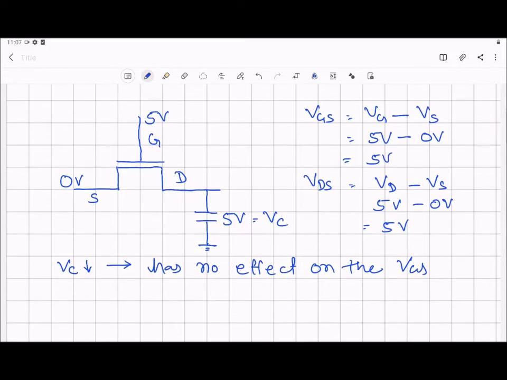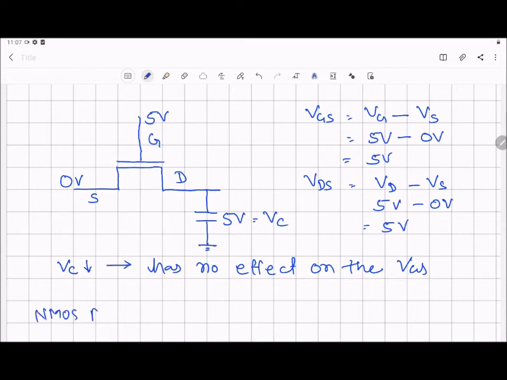So the transistor is always on, and when the capacitor fully discharges, we will get VC equal to 0 volt. So we are giving an input of 0 volt and we are getting an output of 0 volt.